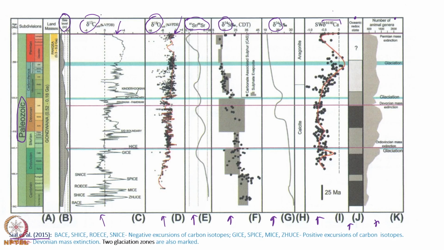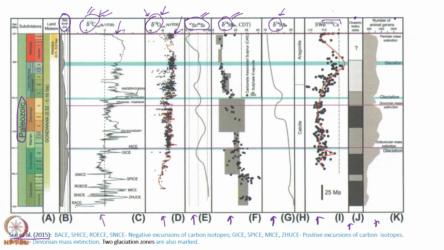Is there any correlation between the increase in delta 13C and delta 18O, delta 13C and 87Sr/86Sr, delta 13C and anything, and delta 34S, or delta 18O and delta 34S? Let us see with time what has happened.